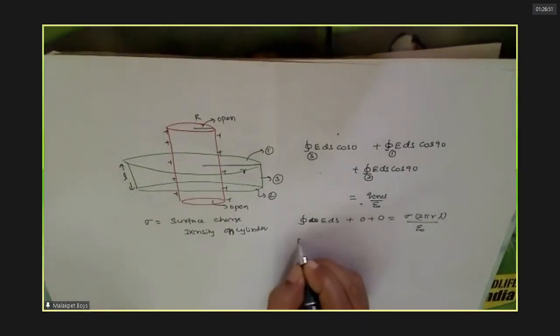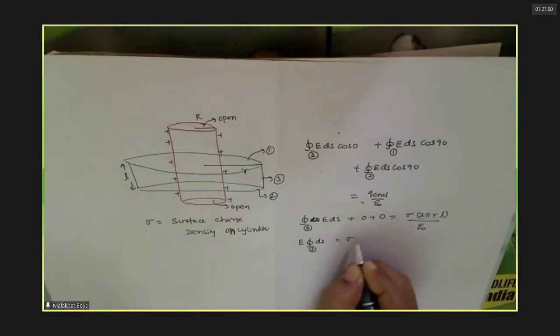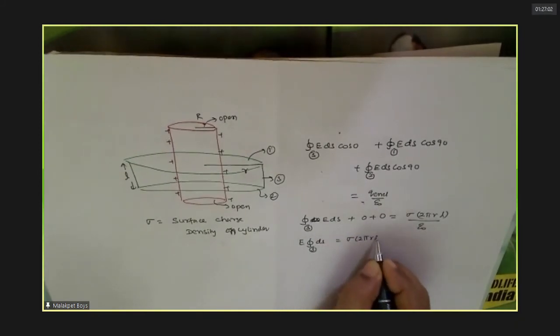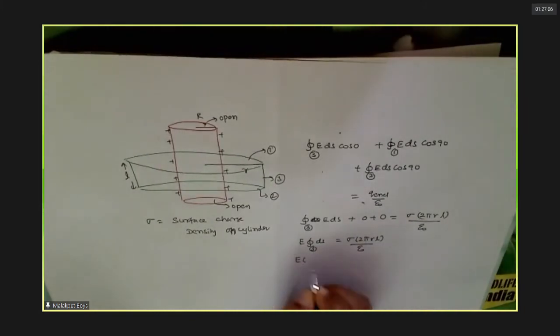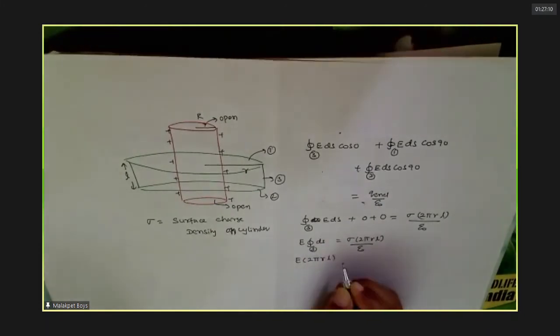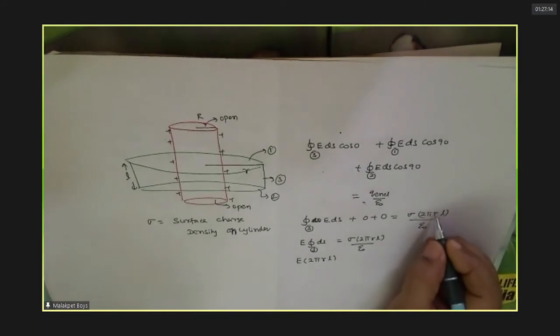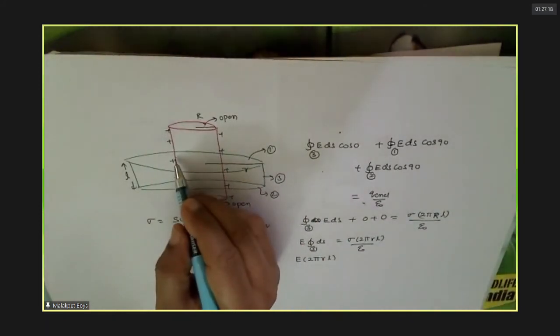This E is constant as before, you know. What is the surface area? Charge enclosed is still here only, no? Only this part.